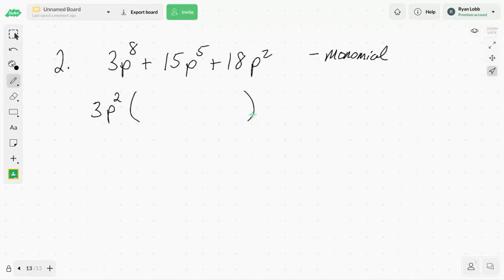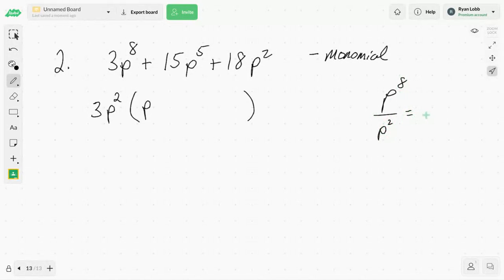What's left? Divide here, I get p to, now be careful. I'm dividing out. Don't divide 8 by 2, because when I multiply p squared times p, I add the exponents. So if I'm dividing out a p to the 2nd, I'm really taking p to the 8th divided by p to the 2nd.